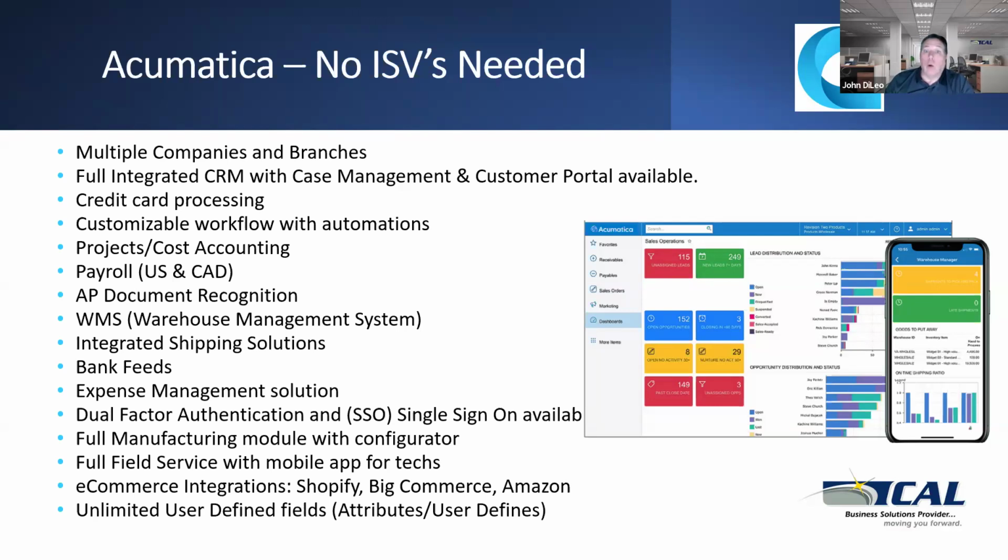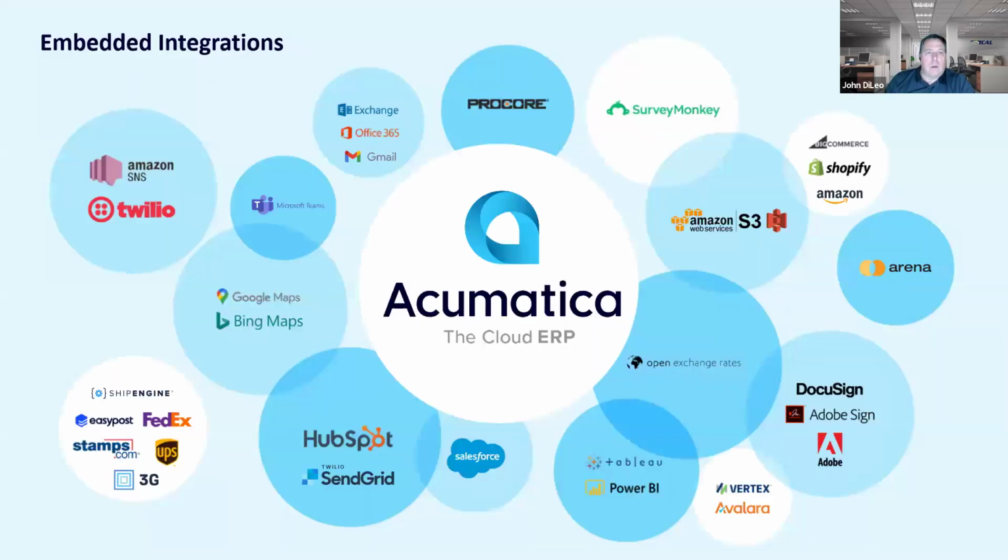Without having to add an ISV like Extender or Alaska Windows or many of those solutions that are out there to add that functionality to go beyond what the one or two different user-defined fields GP has in a lot of cases.